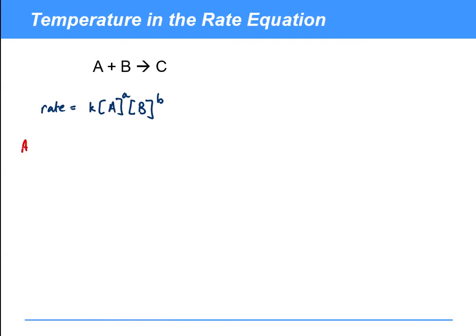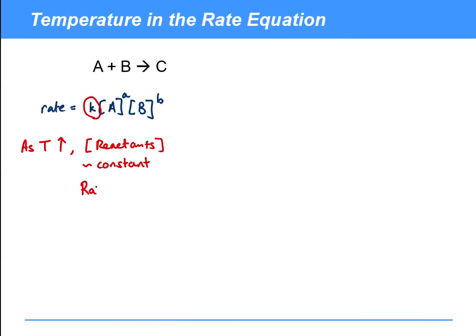As temperature increases, the concentrations of the reactants are constant, or at least we can arrange them to be if we're working in a gas or in a solution. The temperature won't affect the concentration. And so the only thing that must be affected is the rate constant.